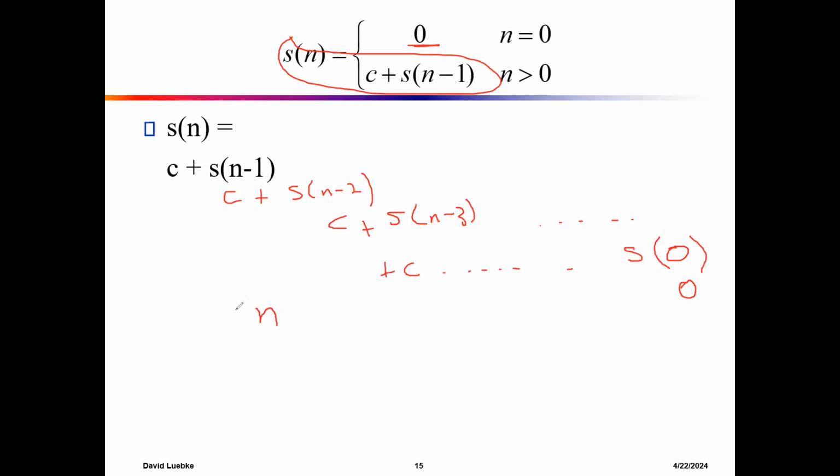So we'll have C times n. So this algorithm will take C times n, but C is a constant. We really don't care whether this is 2 milliseconds or 5 milliseconds. We could simplify this to n. So it will be of the order of n. Let's take a look at that and see what they do.